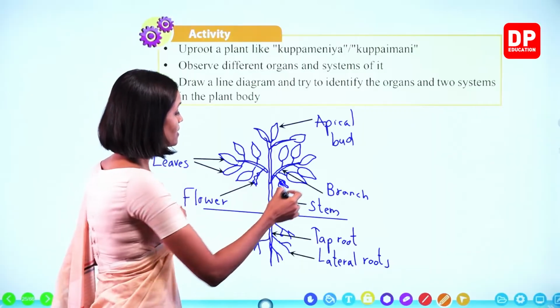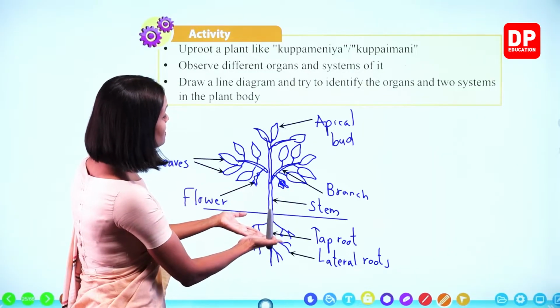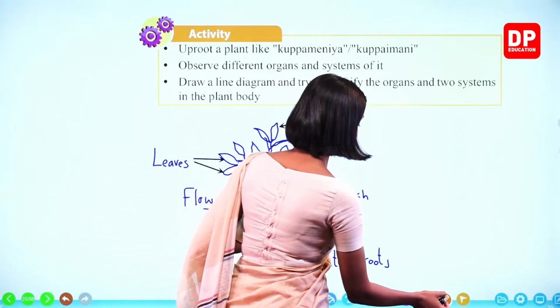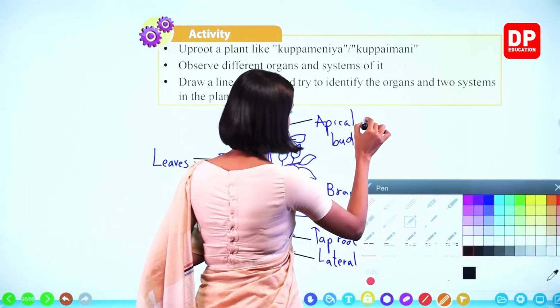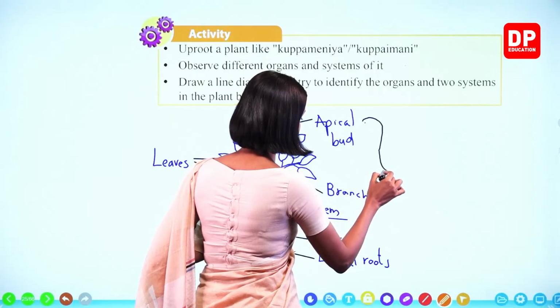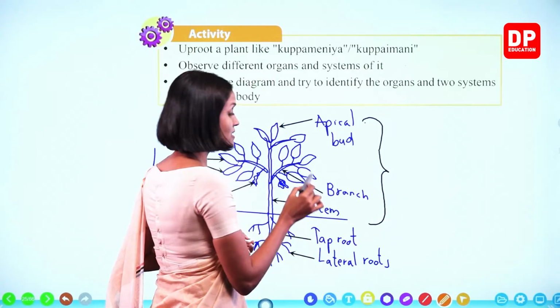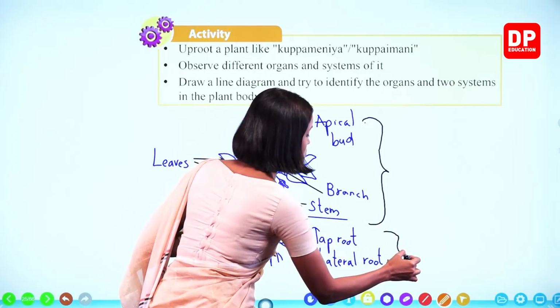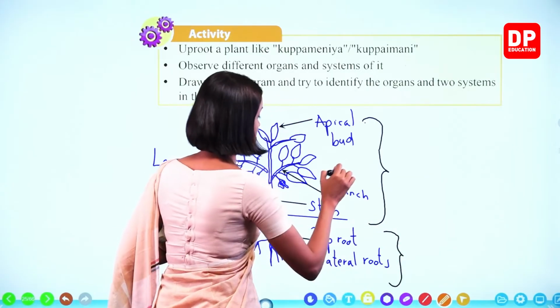The system present above the ground is known as the shoot system, and all the other parts present underground are known as the root system.